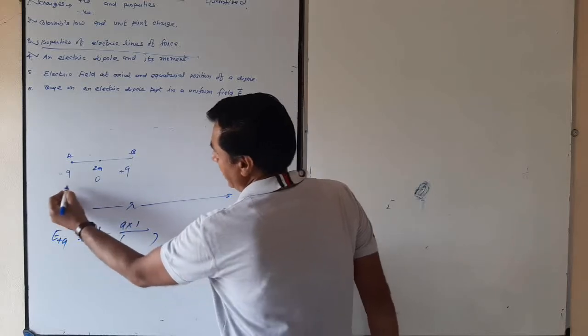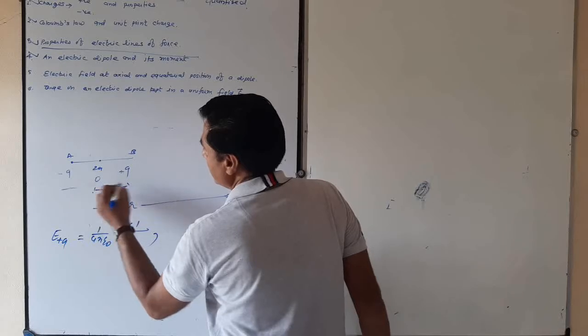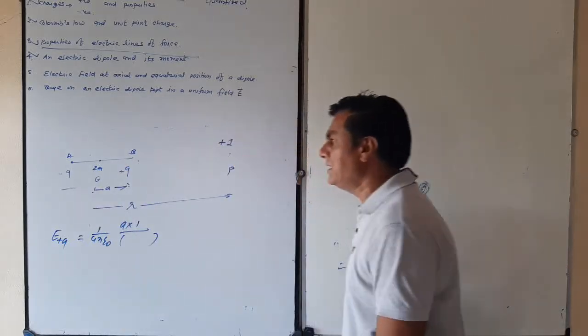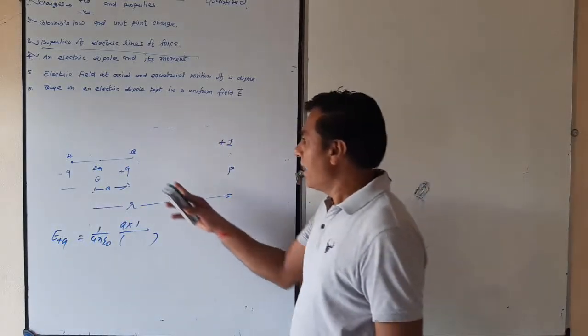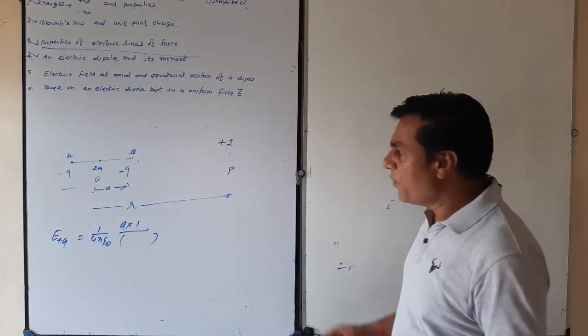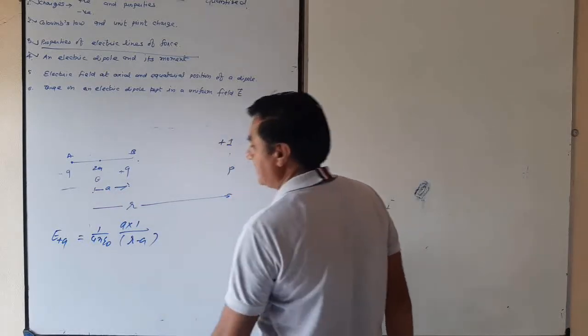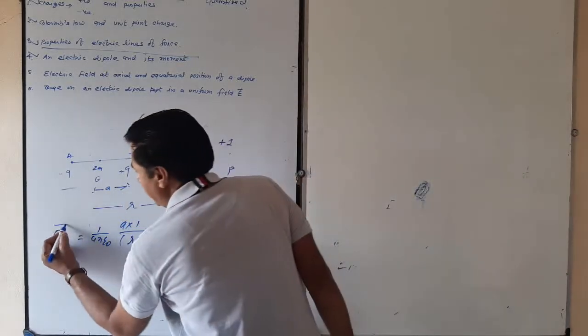Already the total distance is 2a, so O to B distance is a. Now what is the distance BP in terms of R and A? The difference of R and A, R minus A.